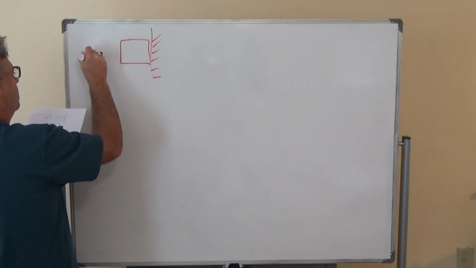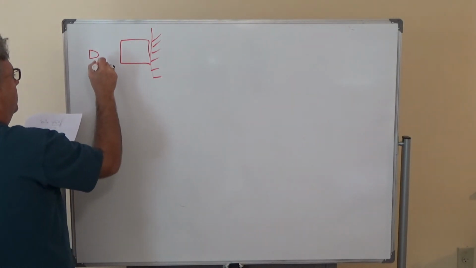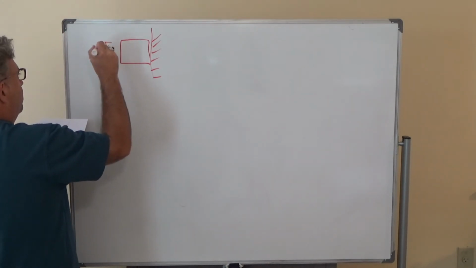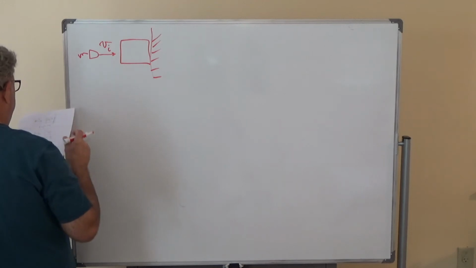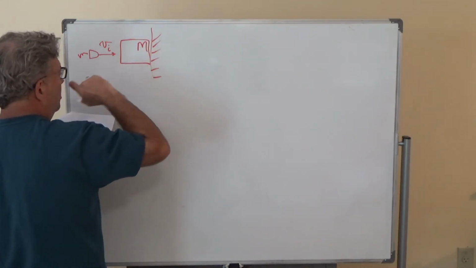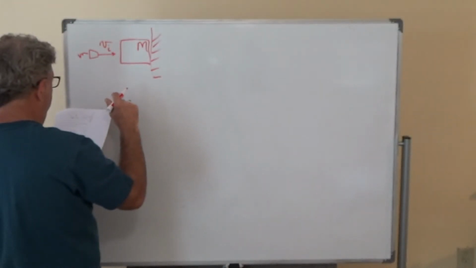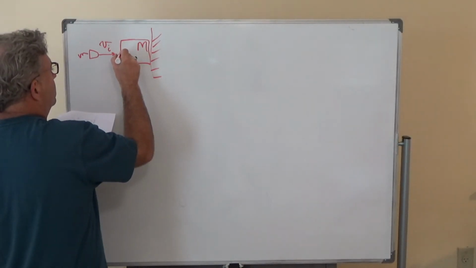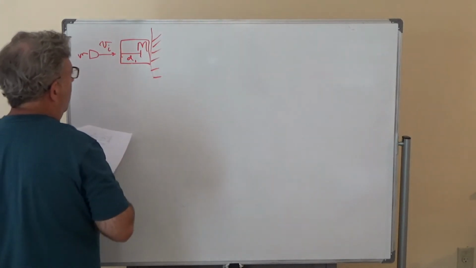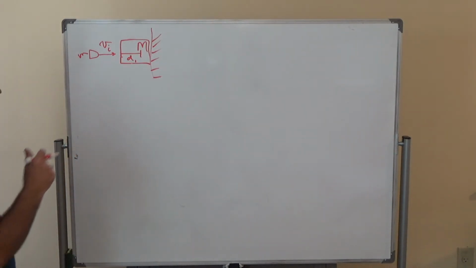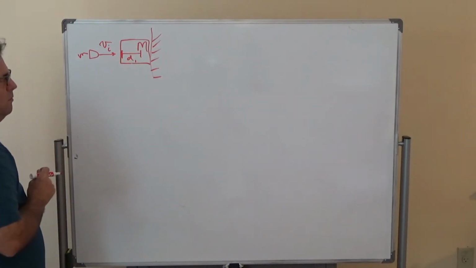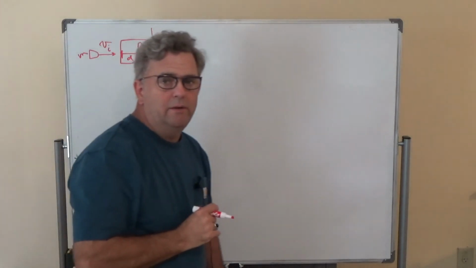And here comes our little bullet. That's a big bullet. And here's V initial and the mass of the bullet. This has some big mass M, which we really don't care about right now. And it goes into the block, and I'll call this D1. So that's the depth that it goes with the block stationary. All right?